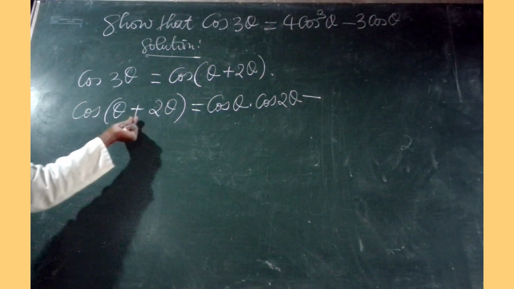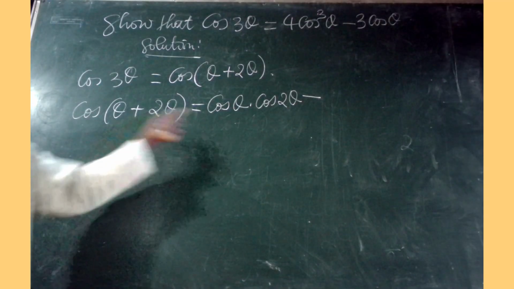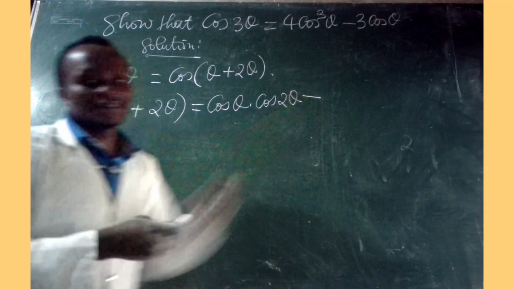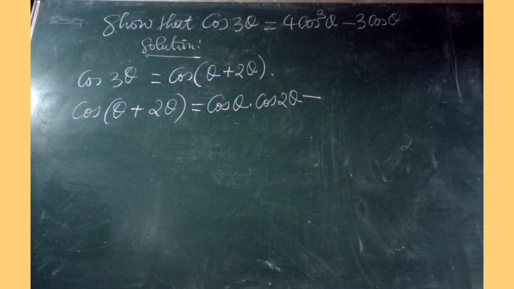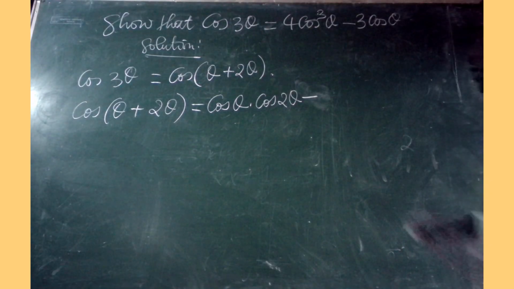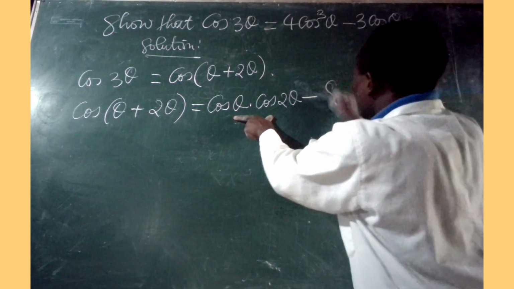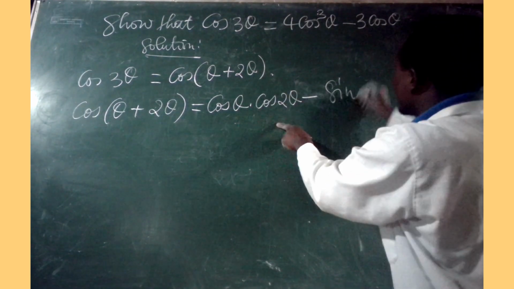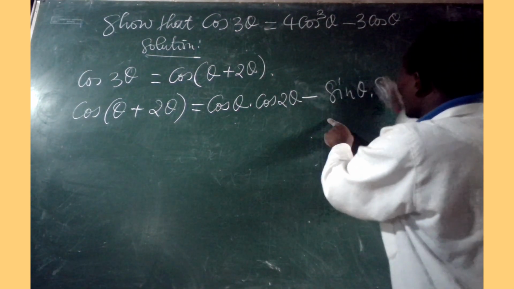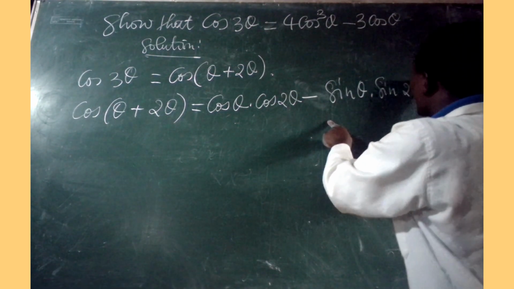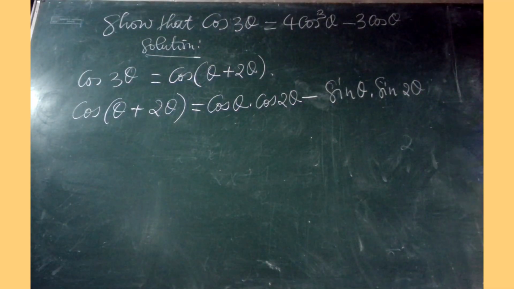In cosine, when you have plus here, we have to use minus here. Minus sine theta times sine of 2 theta.